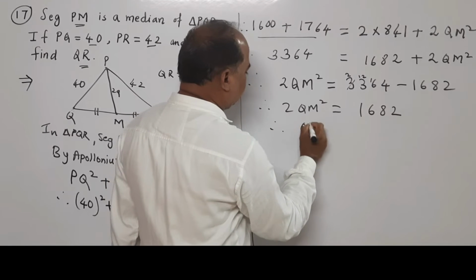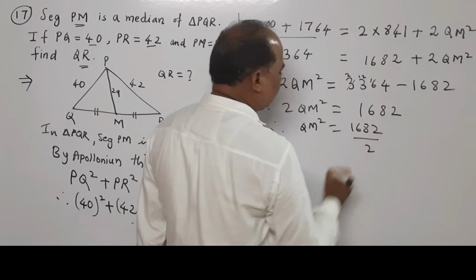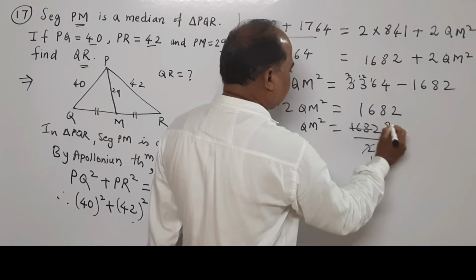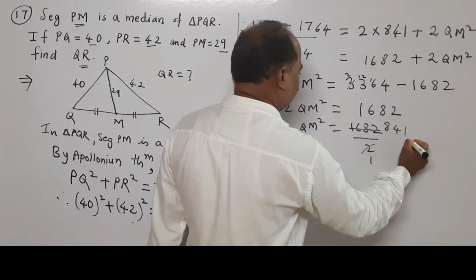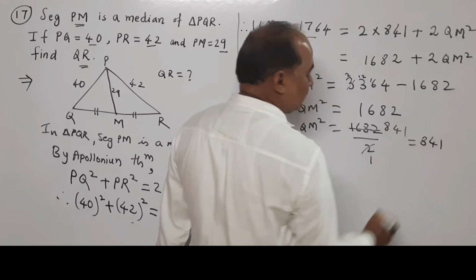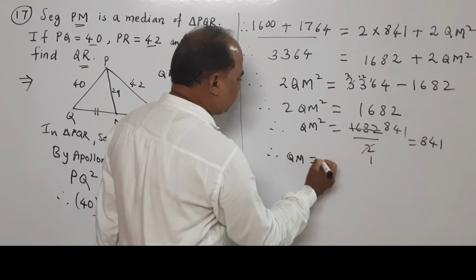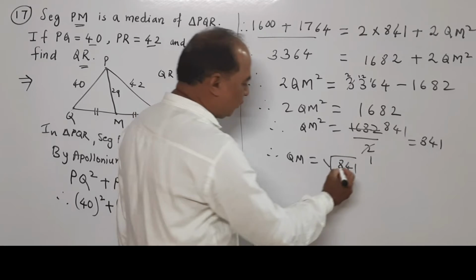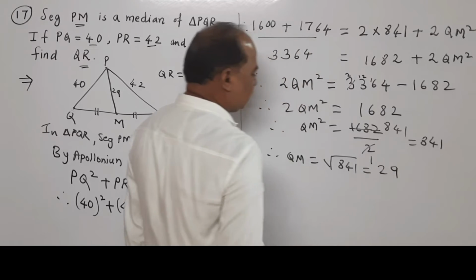Therefore, QM square is equal to 1682 divided by 2, which is equal to 841. So QM is equal to, taking square root of both sides, square root of 841, which is 29.